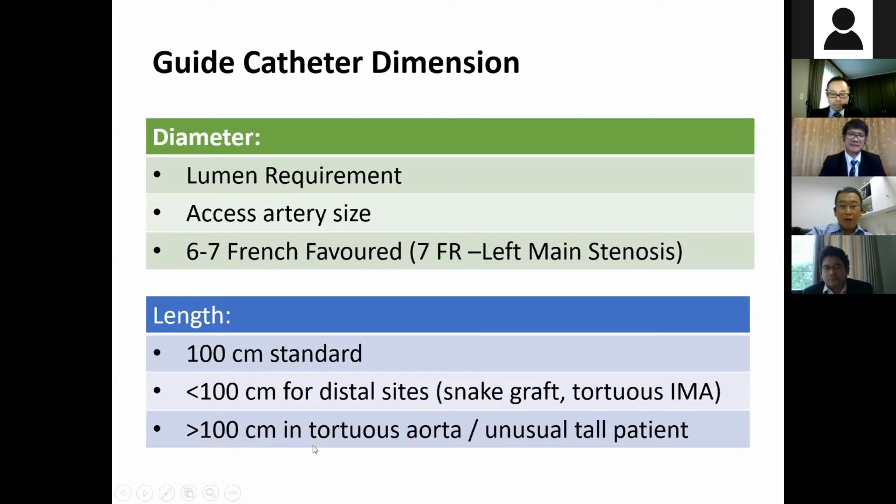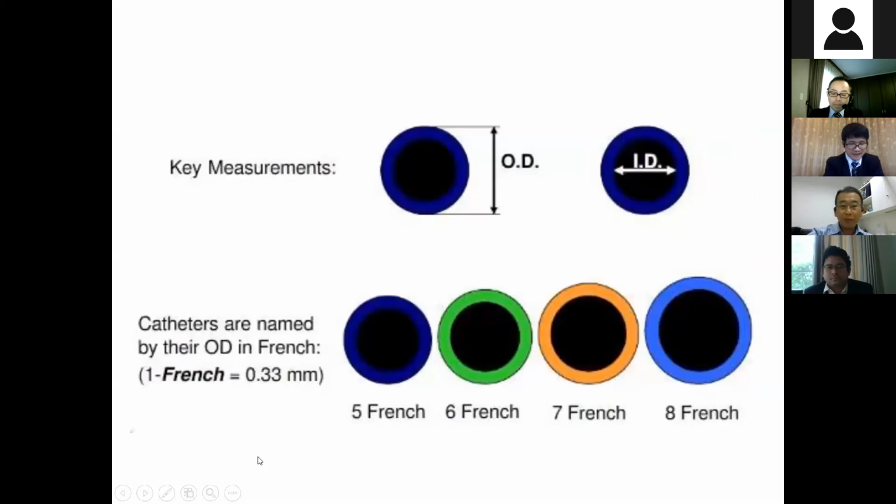For someone who has a tortuous aorta or an unusually tall patient, sometimes you need a very long guiding catheter, but I have to say that I have never seen a catheter longer than 100 centimeters, but it may be available in some countries.